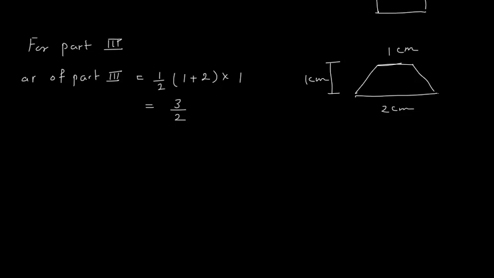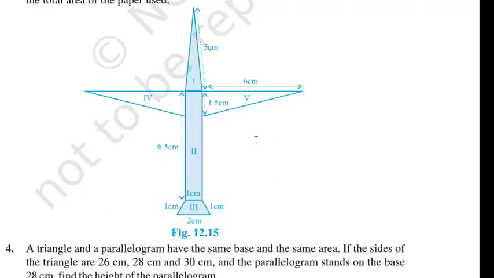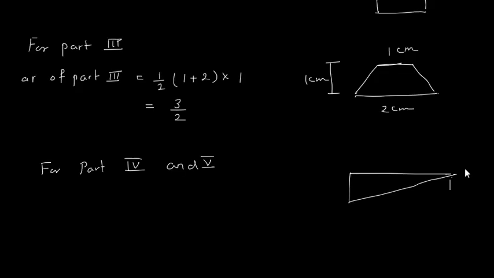Now for part 4 and 5. Part 4 and 5. We have this kind of shape, which is a right angle triangle with a dimension 6 and 1.5. So here dimension is 6 centimeter and 1.5 centimeter.